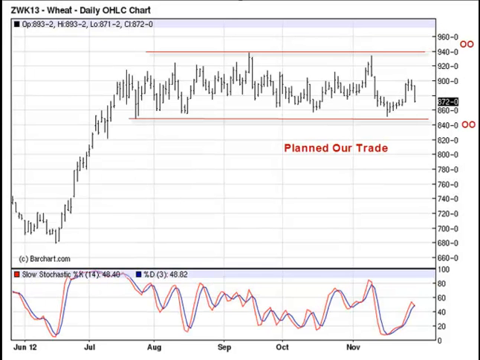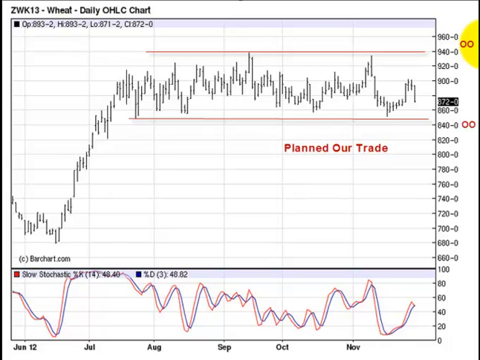So we went a little bit longer, and in November, we had a sharp spike against our resistance area in the 940, and we had a sharp spike against our support area in the 840 range. So we said at that point, we better start planning our trade.